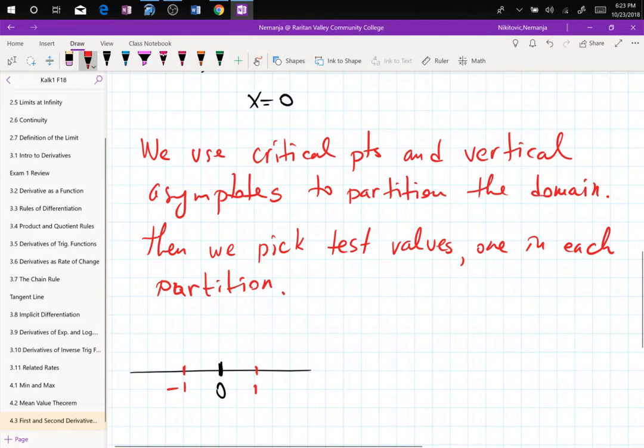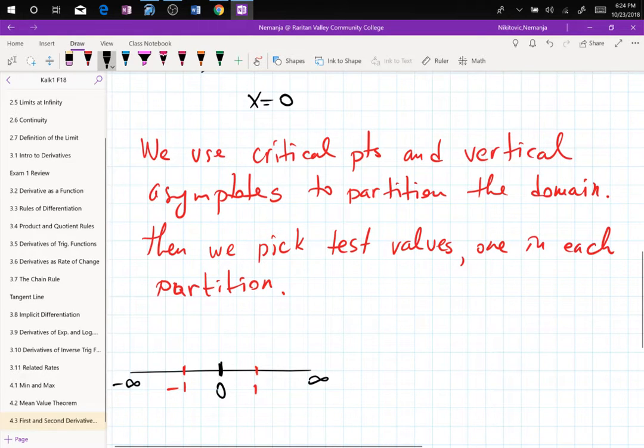So what you have now is that your domain is from -infinity to +infinity, and it is cut so that you have -infinity to 0 on one side, which is the entire section for that partition, and then you have another one on the other side, which is 0 to infinity.